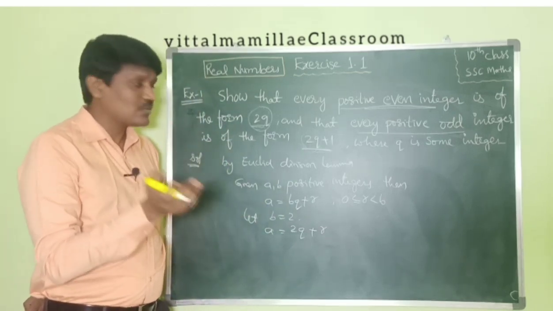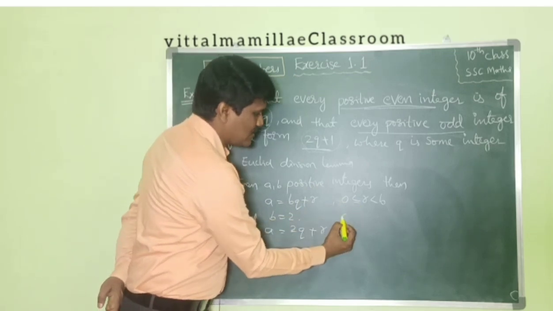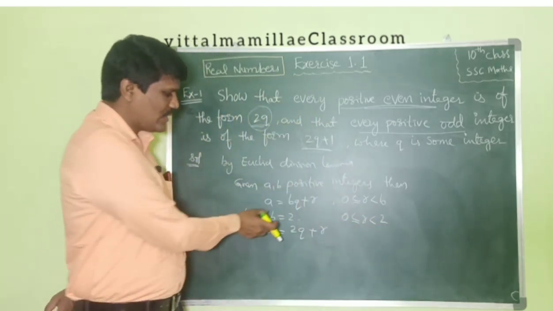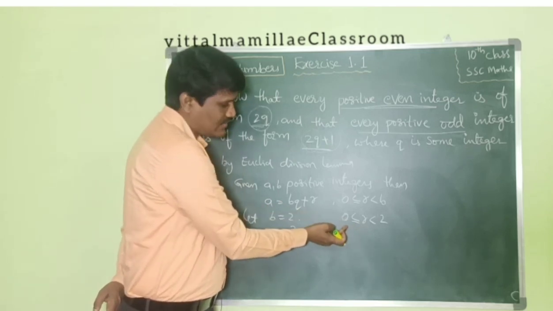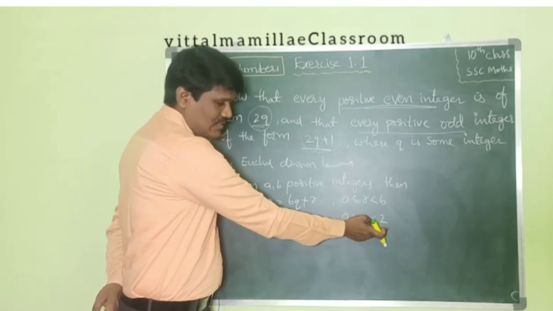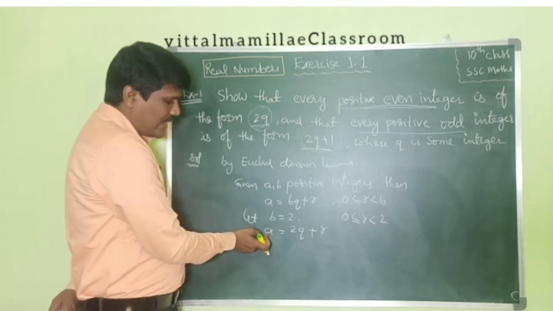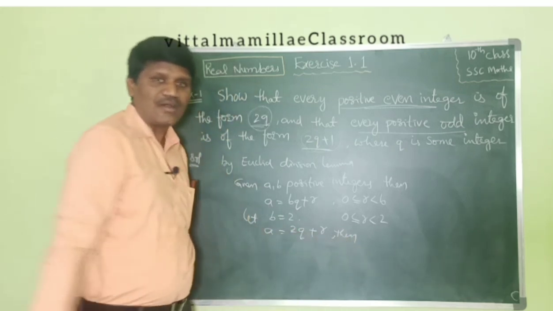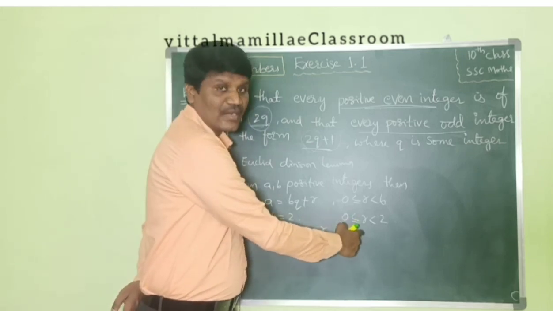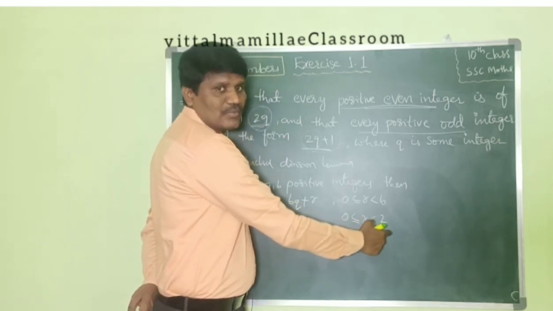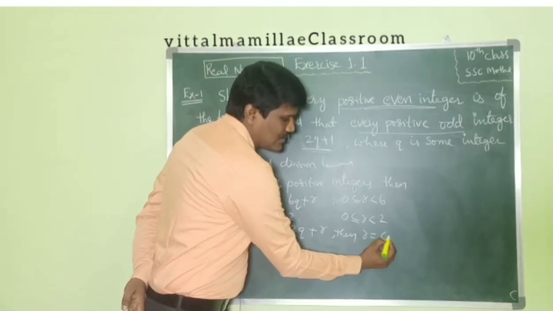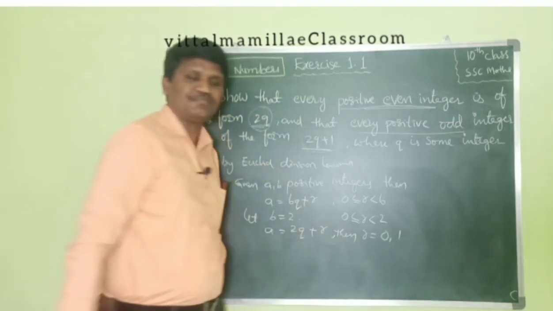If you substitute here, 0 less than or equal to r less than 2. So a is equal to 2q plus r. Then what are the possible values of r? 0, 1. It is less than 2, and less than 2 means you should not take 2. So r is equal to either 0 or 1.